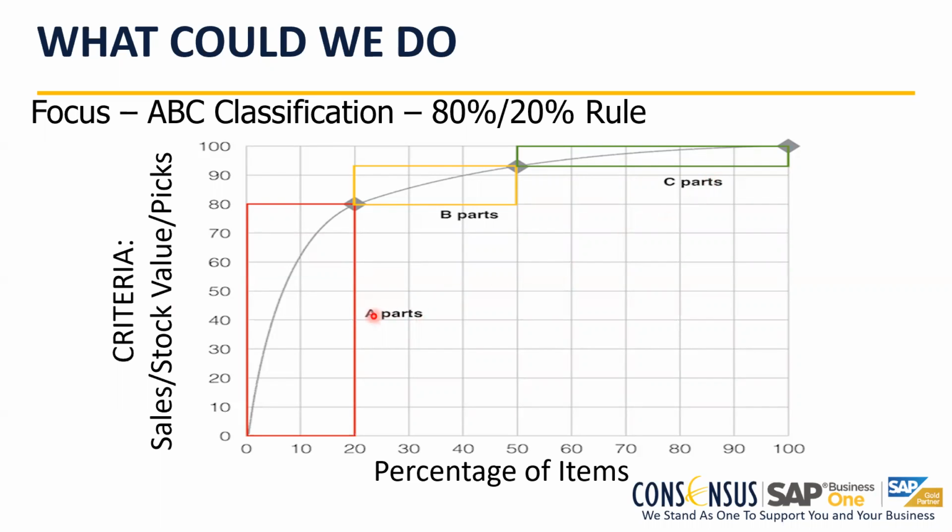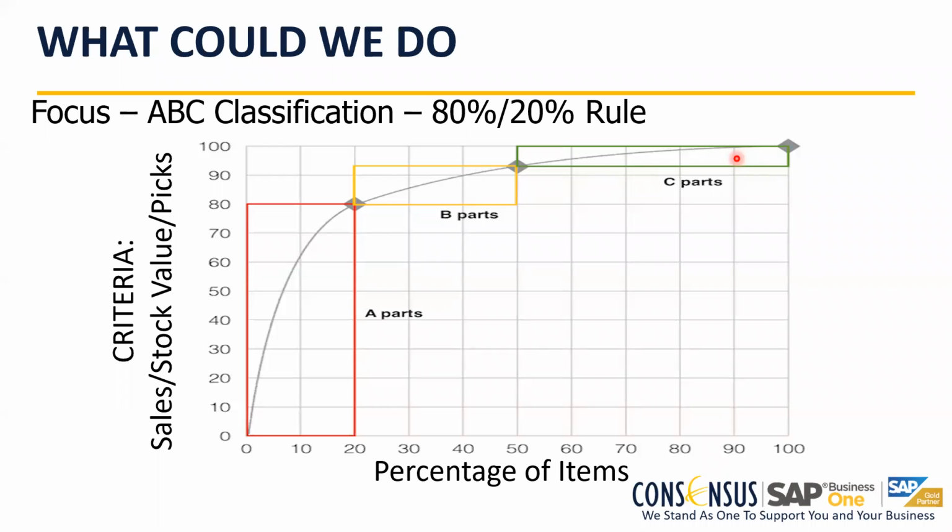Maybe these A items are equipment, when I sell machines that are expensive. B parts, or maybe supplies, spare parts. And maybe the C parts are packaging material or some other material that I have in stock that is not really significant in terms of the cost of my inventory.